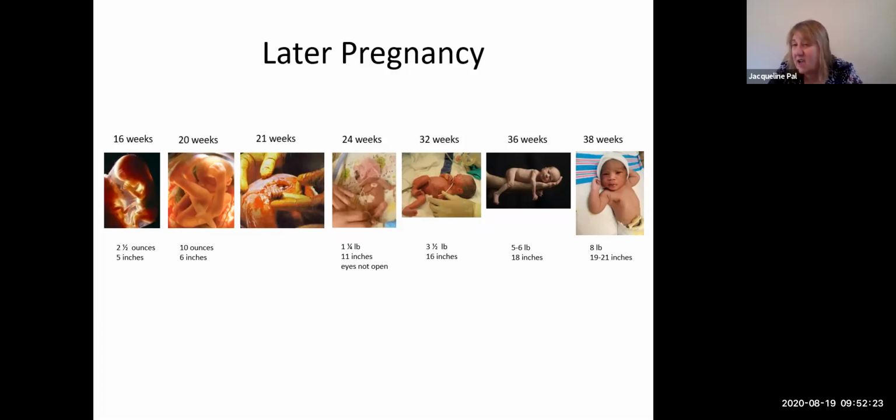So if your doctor says at 36, 37 weeks, you know, baby's getting kind of big, I'm going to induce you at 38 weeks. 38 weeks is considered full term, although 40 is 40 weeks. It's because if you're 8 pounds at 38 weeks, you're going to be bigger than 9 pounds by 40 weeks.